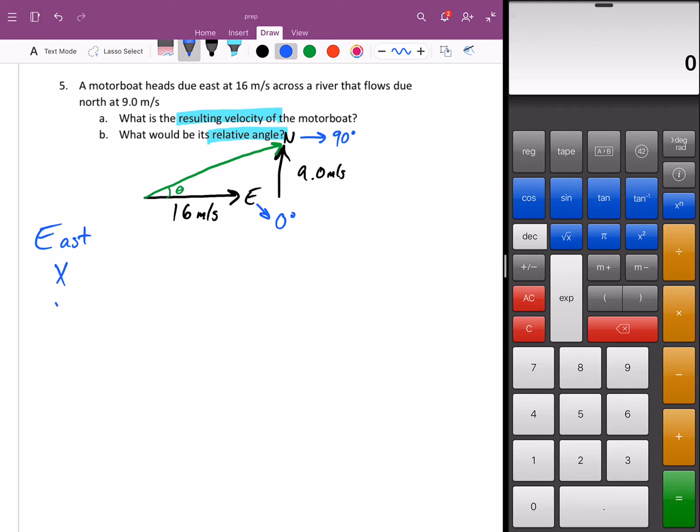East x, east y, 16 meters a second for both of them. X will have a cosine of 0. Y will have a sine of 0.